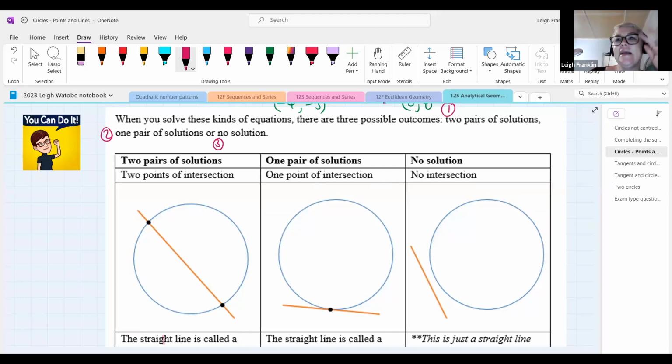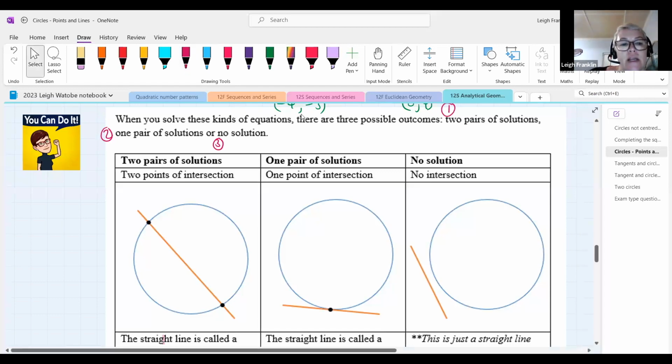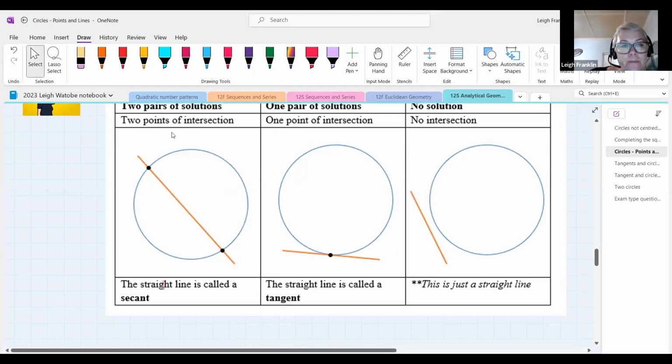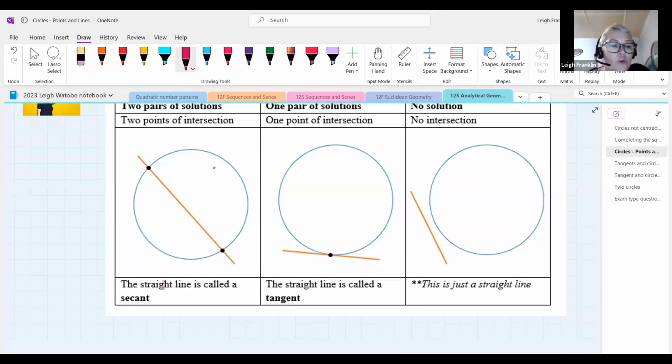And each of these 3 things means something. If you have 2 pairs of solutions, it means that there are 2 points of intersection. In other words, your straight line is called a secant. It cuts your circle in 2 places.